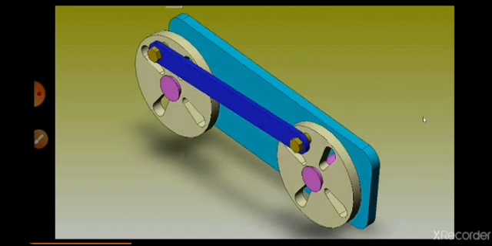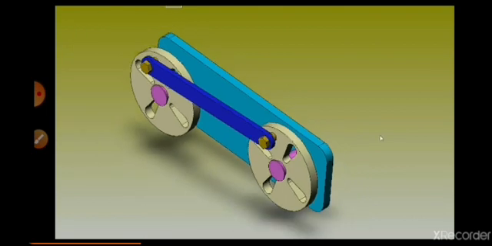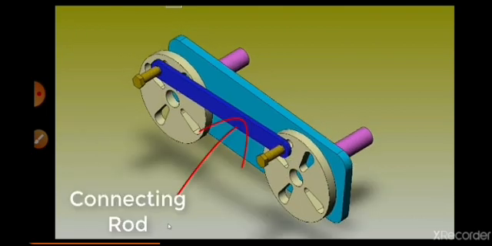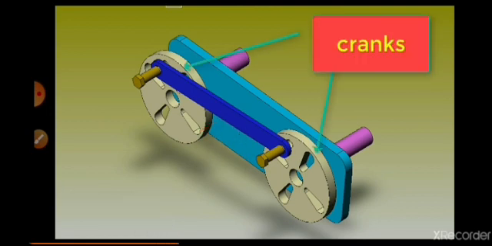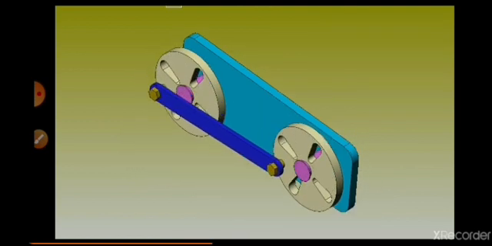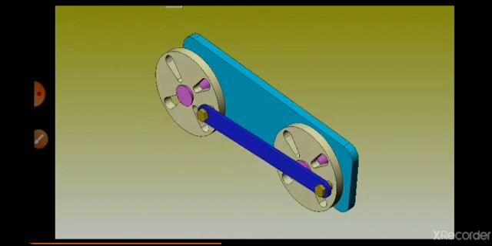The blue colored one is called the connecting rod, and these two are the cranks which are fixed to the rod.